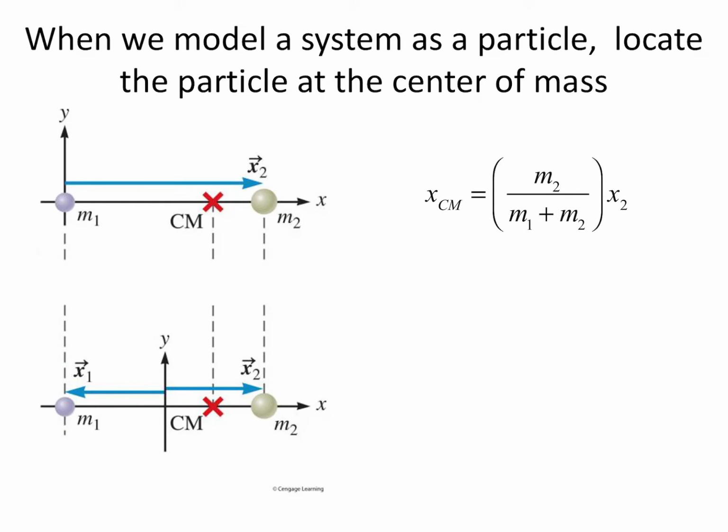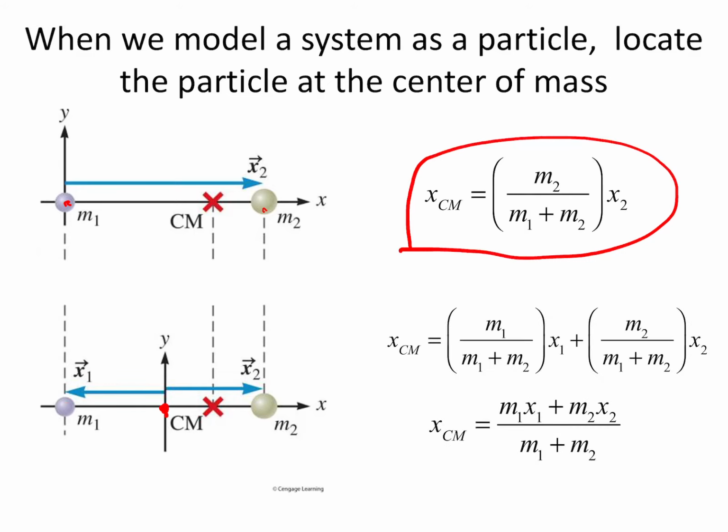Okay, now let's quickly talk about the center of mass approach for a system. So if you put M1 here and M2 here, then the center of mass of the system should be calculated like this. Now if you choose your origin to be in the middle of M1 and M2, then you can write down your center of mass coordinate to be this.